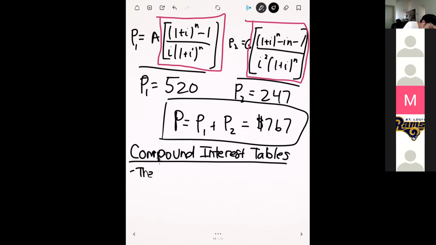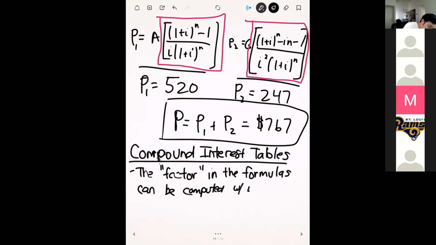So let's say the factor in the formulas can be computed, and the only thing you need is the interest rate and n. Let me rewrite that first equation in a different way, which isolates that factor.